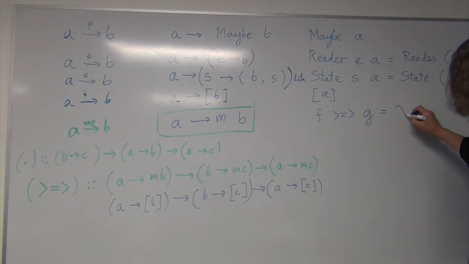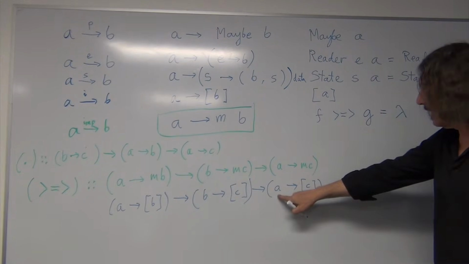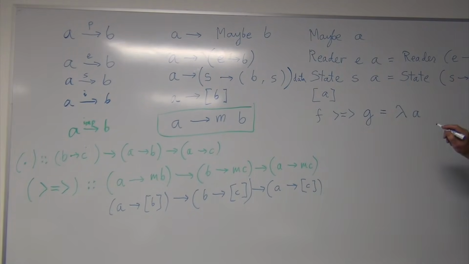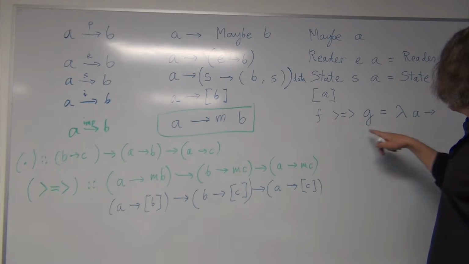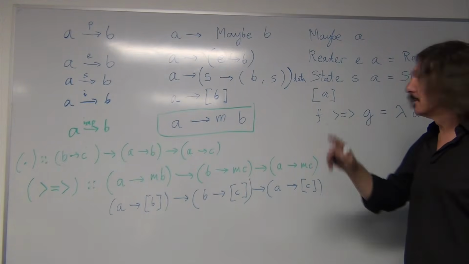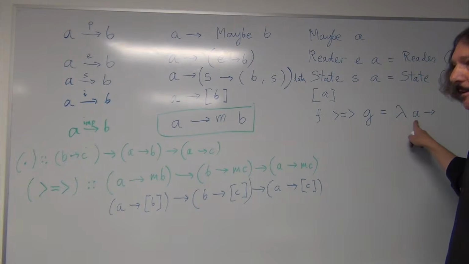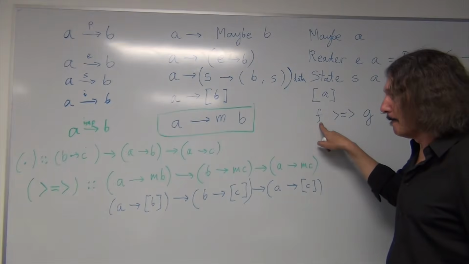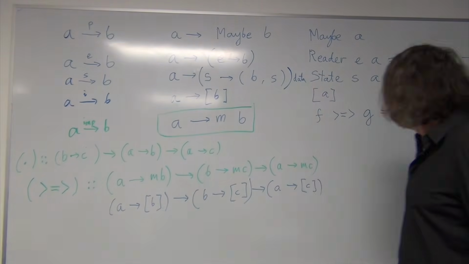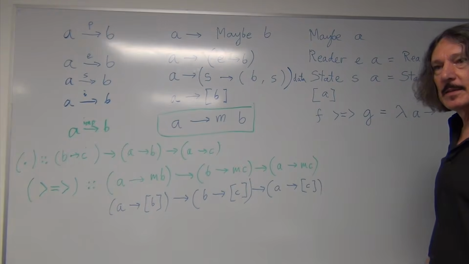It's a function that takes an A. Now we have an A, and it does something with this A, but it has to produce the list of C's. Now we can apply f to A. What can we do with this A? We can apply this function f to A, and we'll get a list of B's.